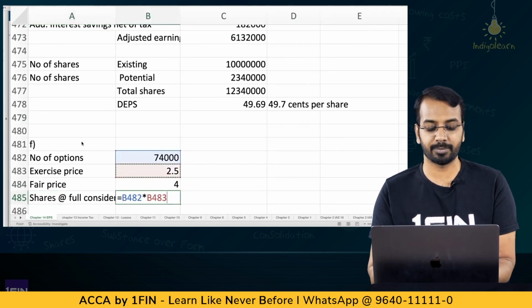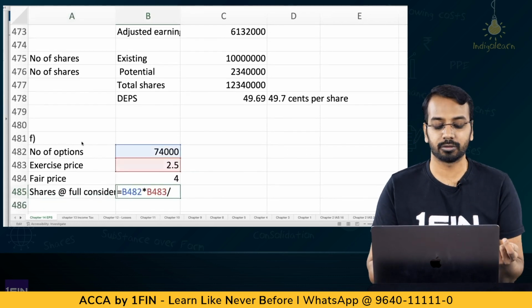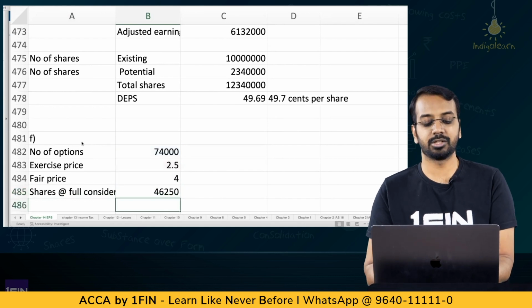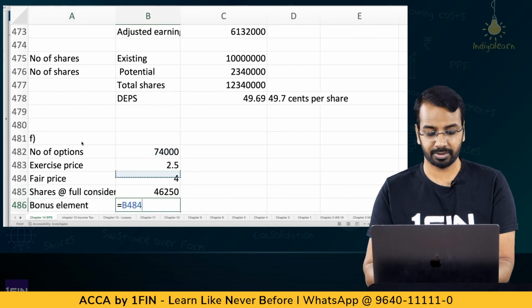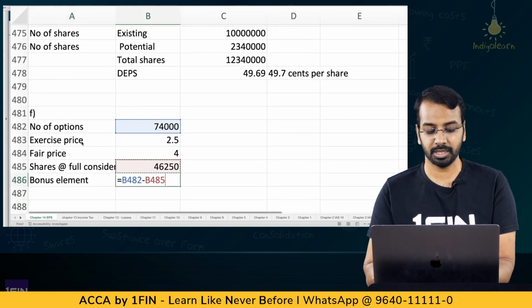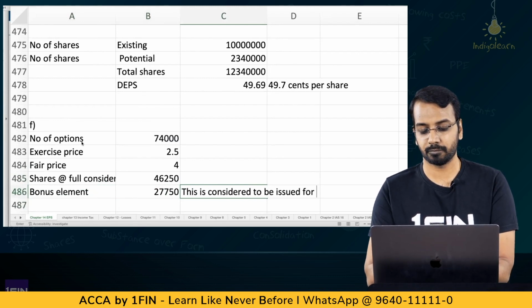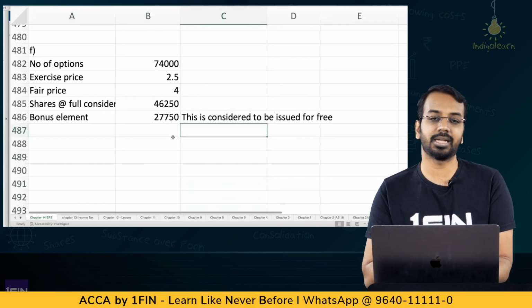I will collect 2.5 per share, so totally I'll collect 185,000. If I issue shares at 4, then I'll issue 46,250. So the bonus element is 74,000 minus 46,250, which is 27,750. This is considered to be issued for free, and this is the dilutive portion.